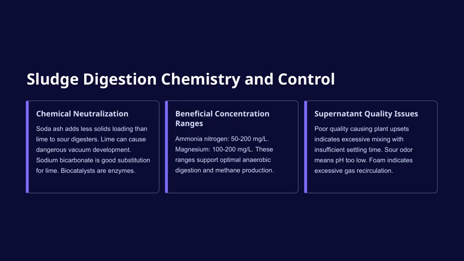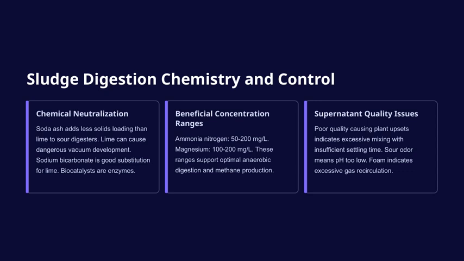For example, when we add soda ash, it introduces fewer solids into the sour digesters compared to lime, which is a significant advantage. Plus, lime can sometimes cause dangerous vacuum conditions, so using sodium bicarbonate can be a safer and effective substitute. Additionally, biocatalysts, which are enzymes, play a key role in enhancing digestion processes.